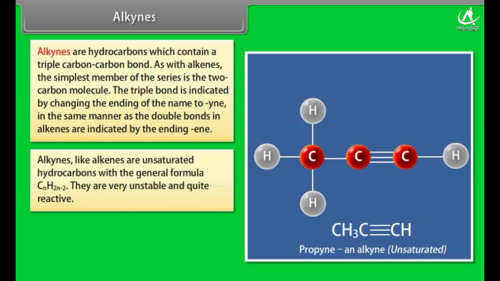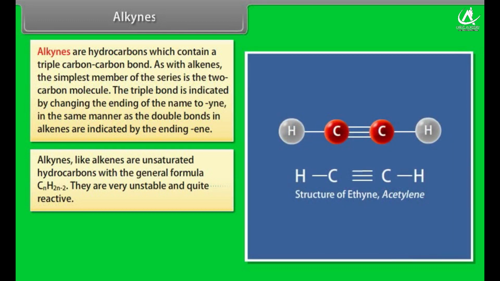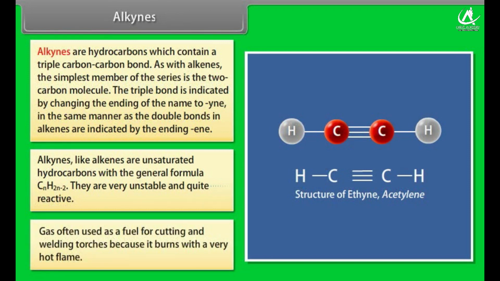Alkynes, like alkenes, are unsaturated hydrocarbons with the general formula CnH2n-2. They are very unstable and quite reactive. For example, ethyne, the simplest alkyne, more commonly known by its common name acetylene, is a gas often used as a fuel for cutting and welding torches because it burns with a very hot flame.